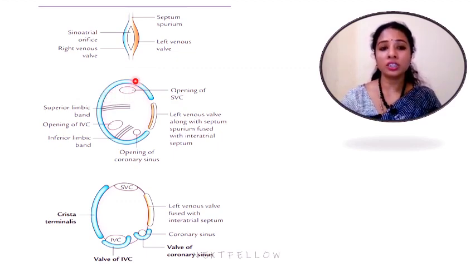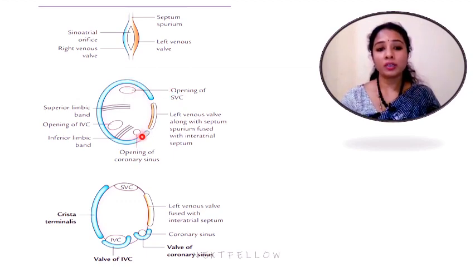This gets stretched enormously, and it also forms the valve of the inferior vena cava. Here is the opening, so it forms the valve of the inferior vena cava, the upper part forms the valve of the superior vena cava, and the inferior most part forms the valve of the coronary sinus.